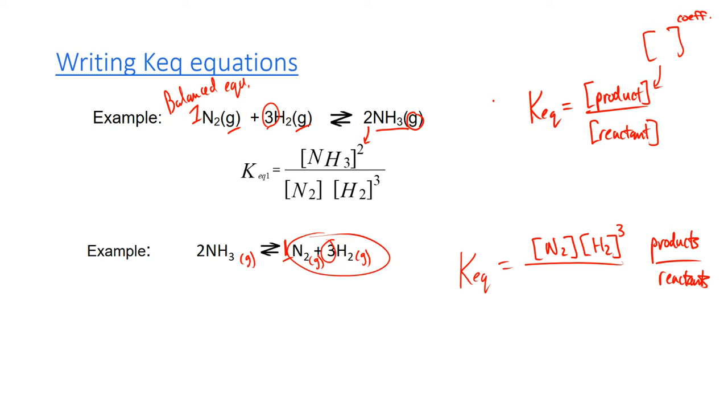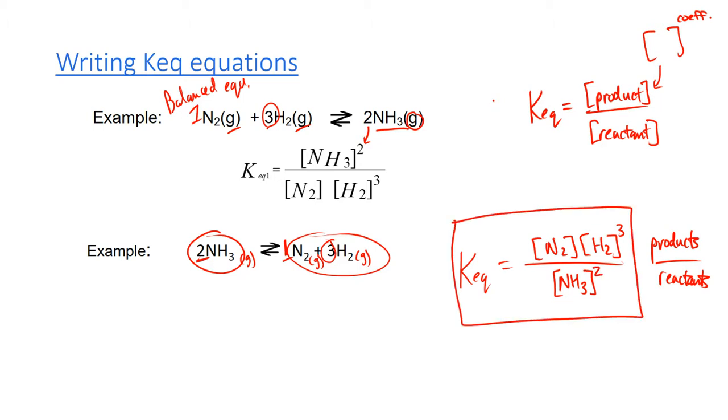Divide that by my reactants. I just have my ammonia, NH3. So the concentration of ammonia, and because of that coefficient 2, that value will be squared. So there's my KEQ equation, okay? Because these reactions were the reverse of each other, it hopefully is no surprise that these are the inverse of each other, just flipped around.